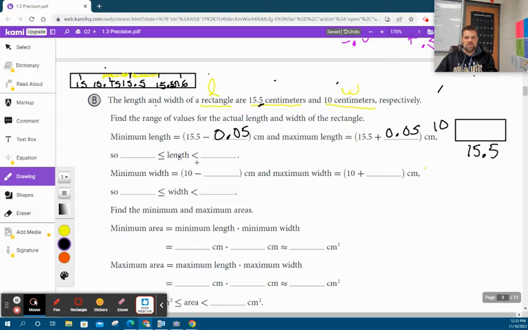I know it's a little squiggly and you can't see it, but basically my minimum value based on precision could be as small as 15.45 and as big as 15.55.